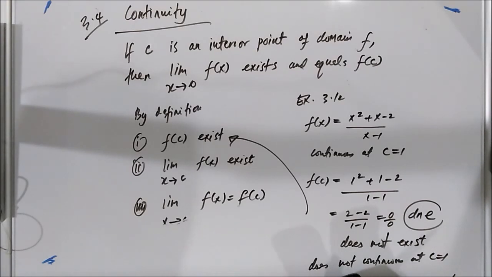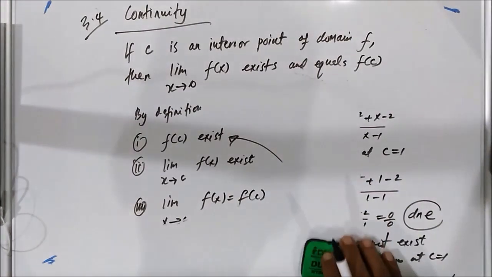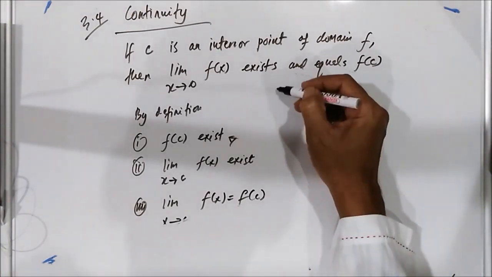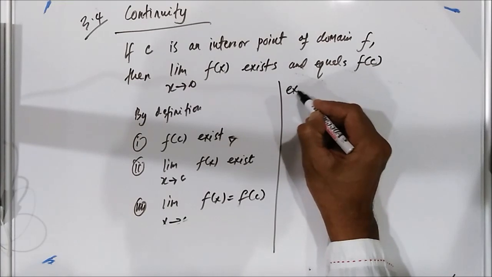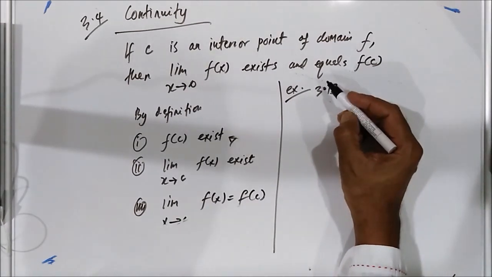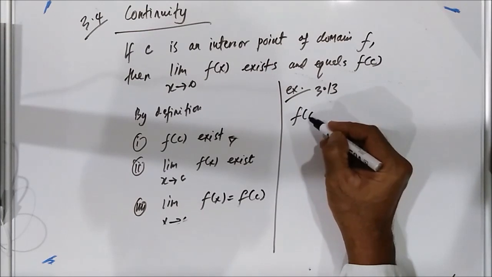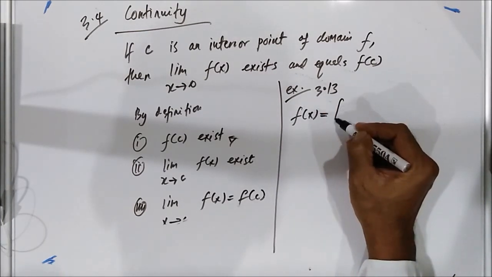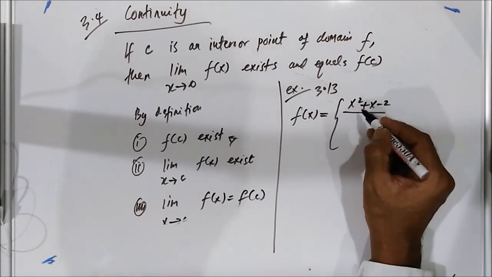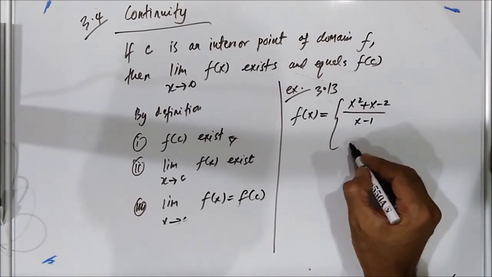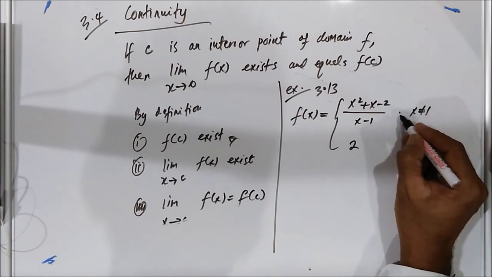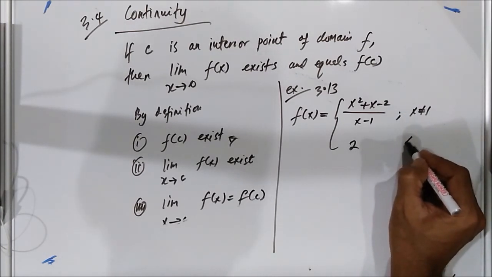Then we go to example 3.13, the last example. Given that f(x) is equal to (x squared plus x minus 2) over (x minus 1) if x is not equal to 1, and 2 for x equal to 1.